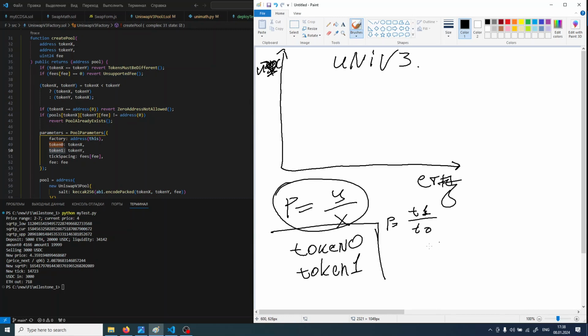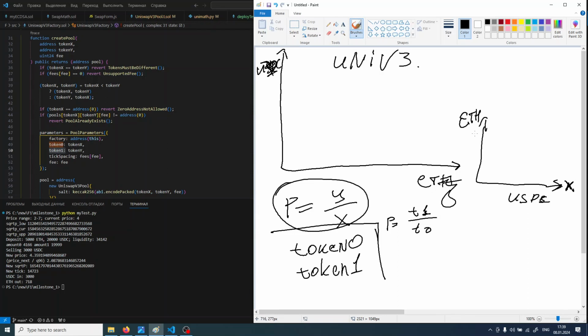But maybe in a real pool, token 0, which must always be at the x, the horizontal line, maybe token 0 will be USDC, I don't know, and Ethereum can be token 1.